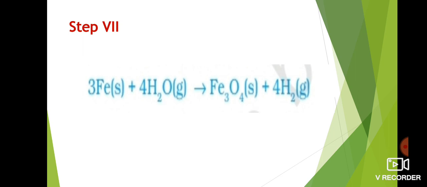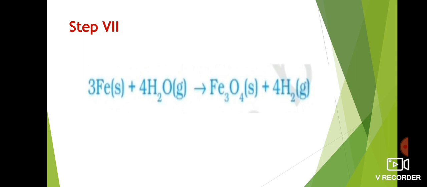The gaseous, liquid, aqueous, and solid states are mentioned. For gaseous, we write a small g. For compounds in liquid form, we write a small l. For compounds in aqueous state, we write aq, and for compounds in solid state, we write a small s.